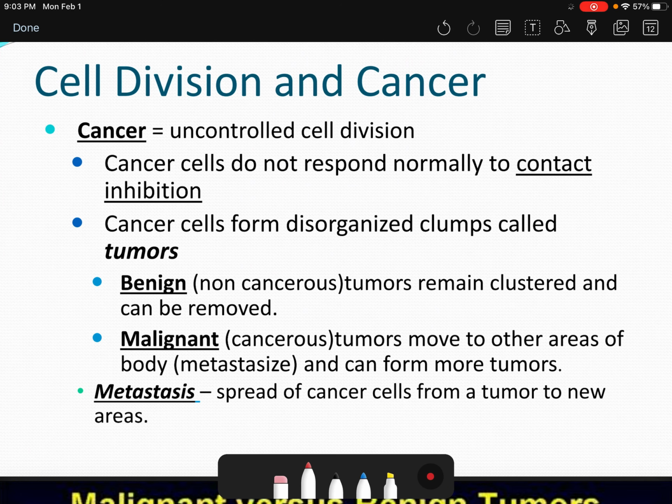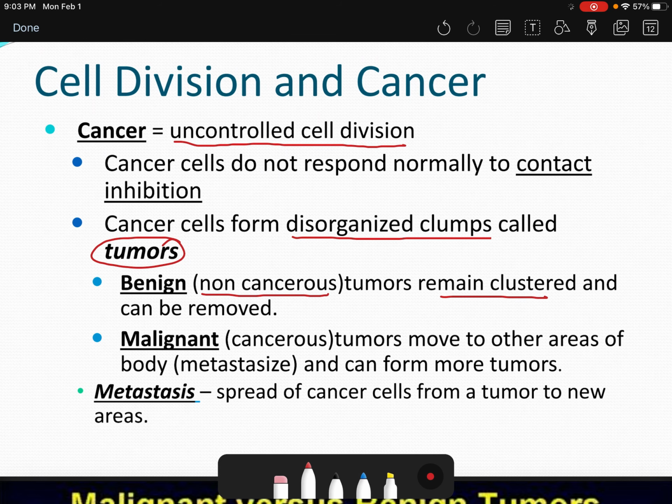So cancer is uncontrolled cell division, okay? Cancer cells don't respond normally to contact inhibition, so they just keep dividing and dividing and dividing, and what happens then is they start piling up on each other and causing these clumps called a tumor. And tumors can be divided into two kinds: benign, which are non-cancerous.